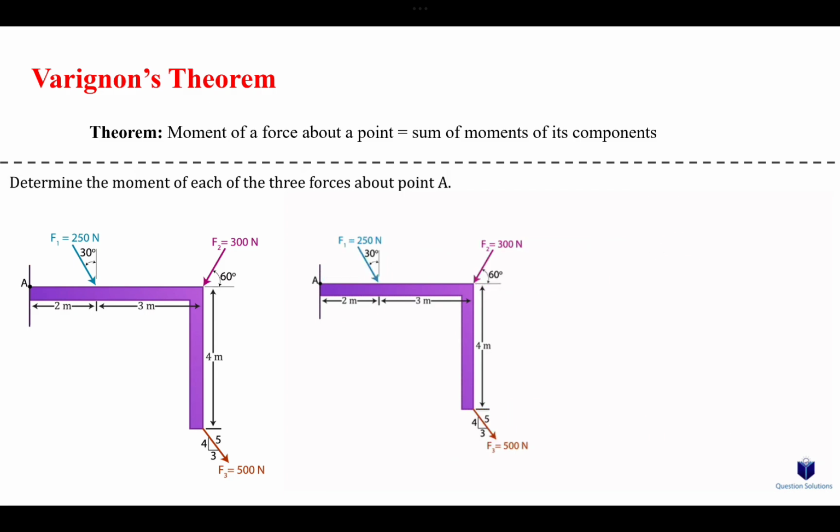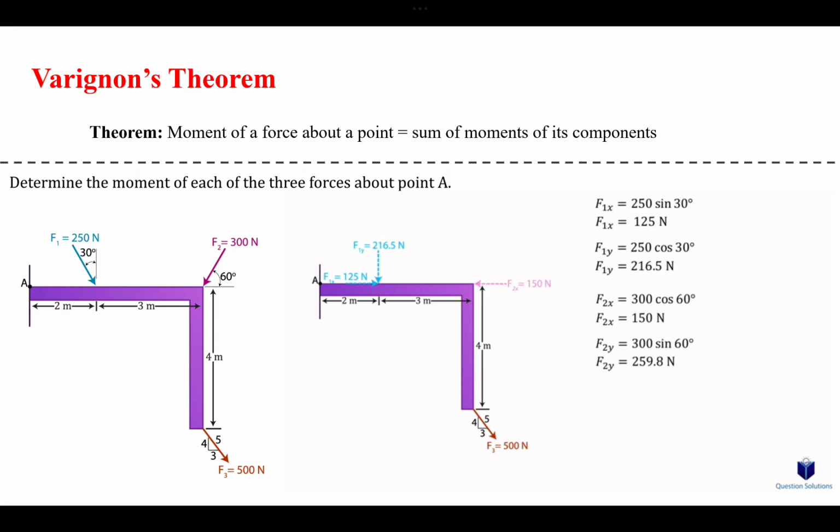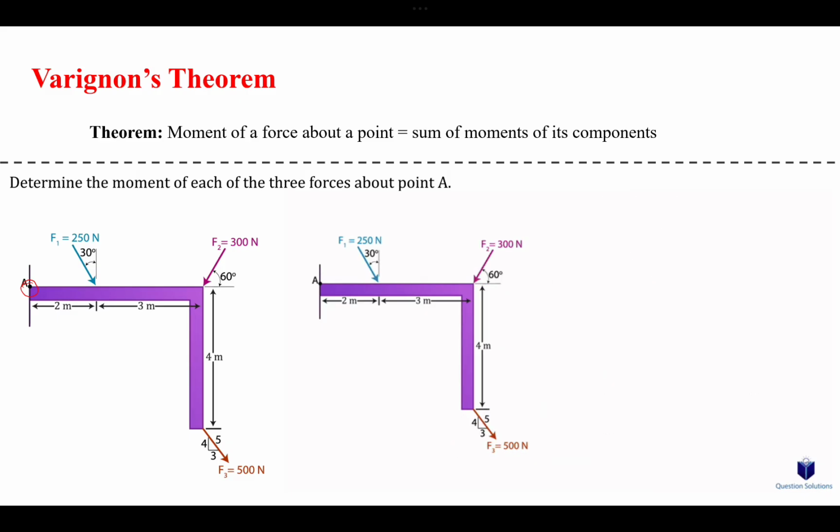Alright, so once we have these components, we need to find out which components are actually passing through our point of rotation, or the axis of rotation, or the center of rotation.